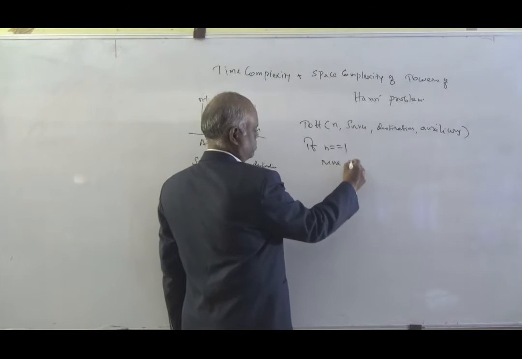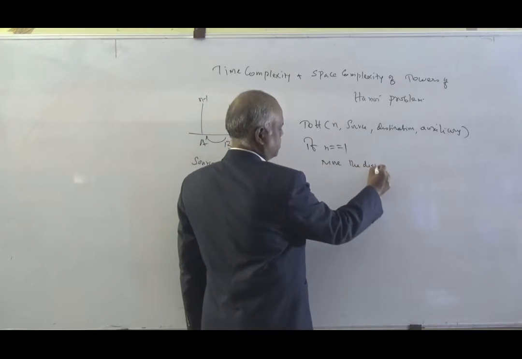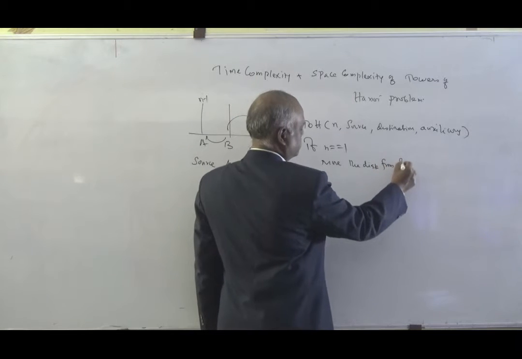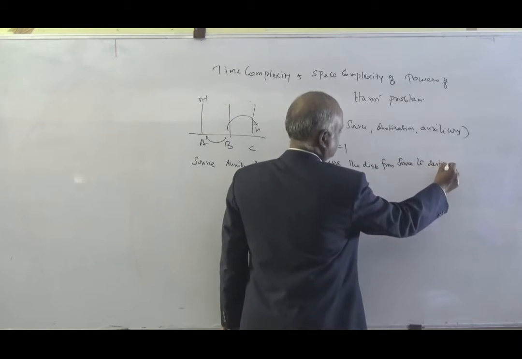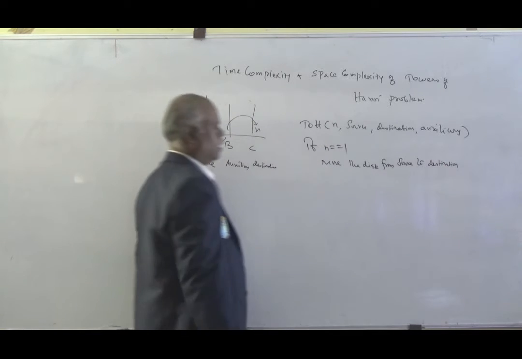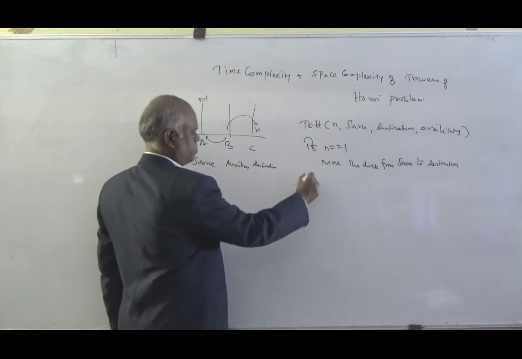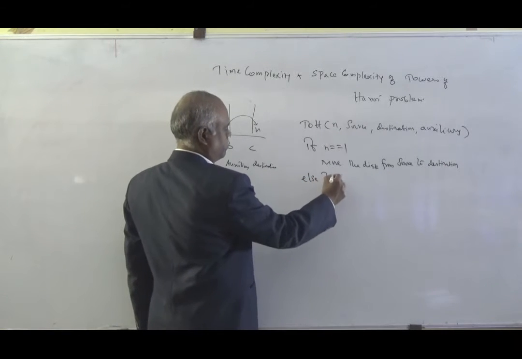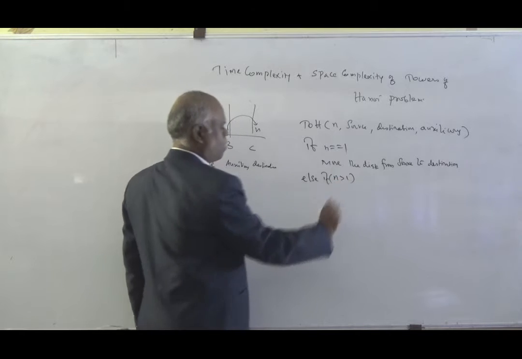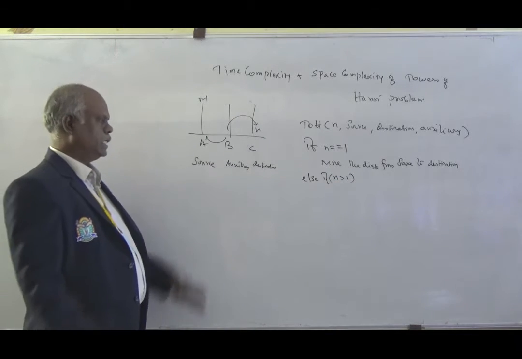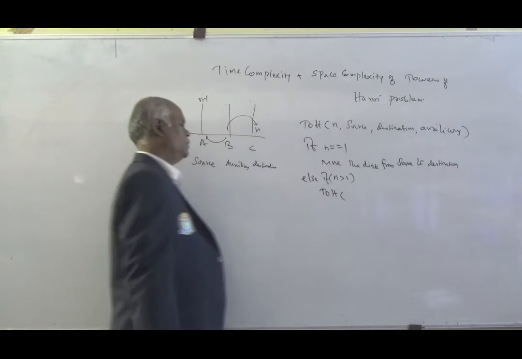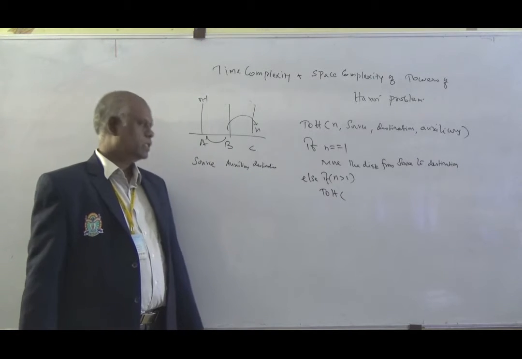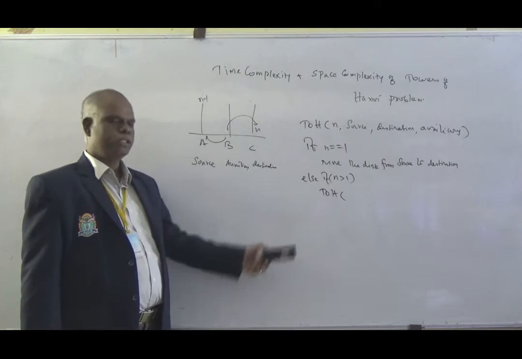Move the disk from source to destination. Else if n is greater than 1, the procedure is to call the function again, that is recursion. Recursion means the function calls itself.